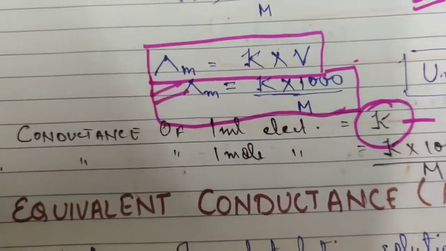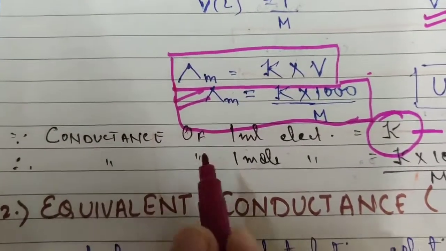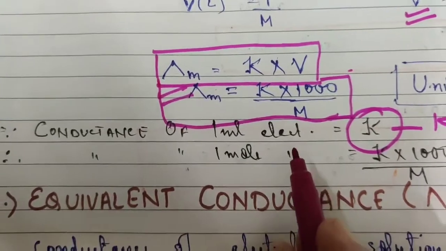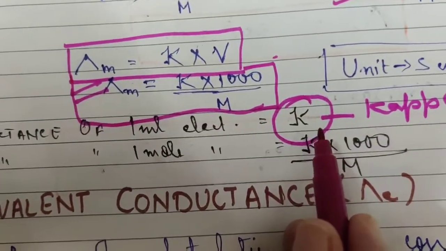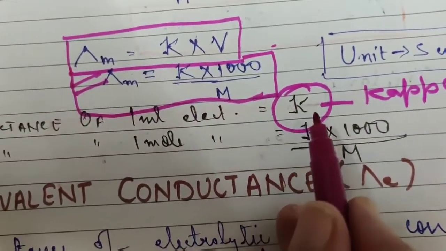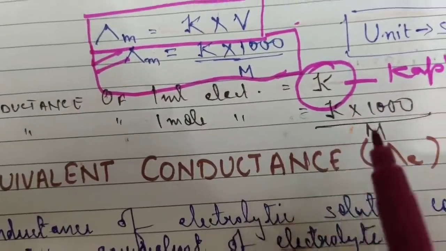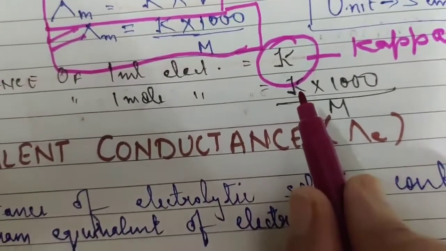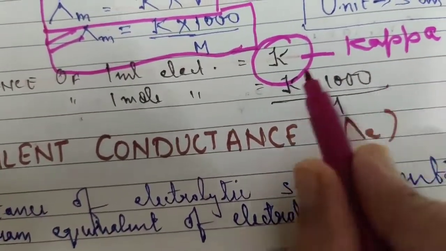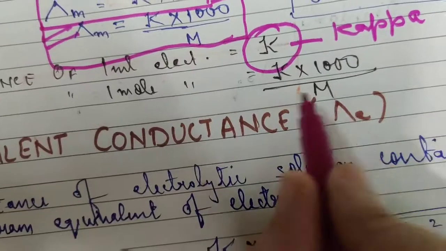Now, as I have mentioned here, since the conductance of 1 ml of electrolyte is kappa, that is referred to as specific conductance. Therefore, the conductance of 1 mole of electrolyte will be equal to the conductance of 1 ml into the volume. So we reach this formula.